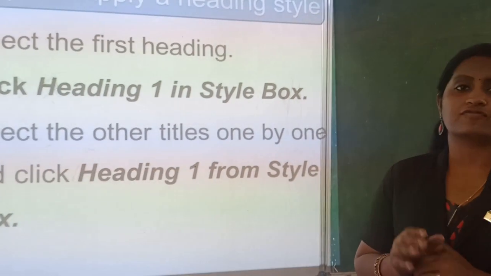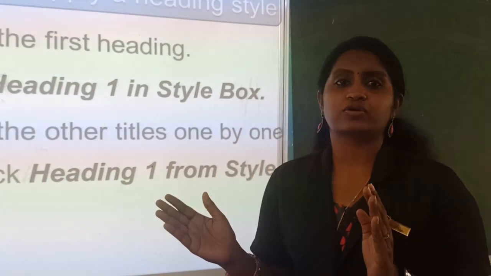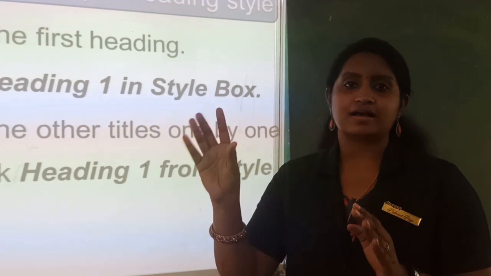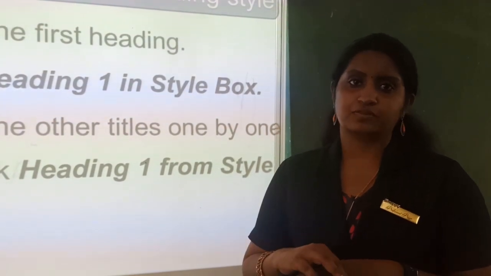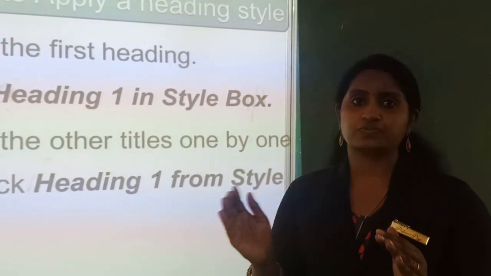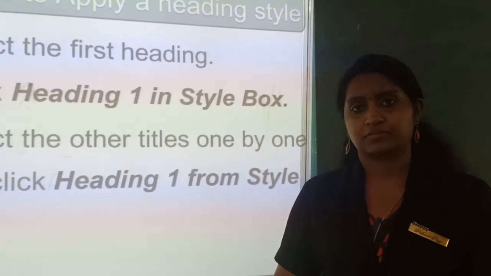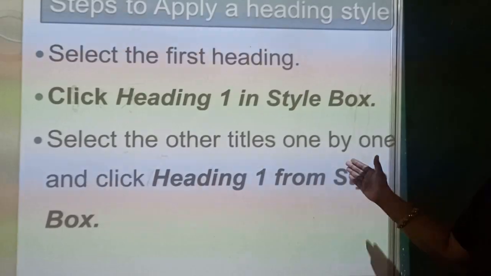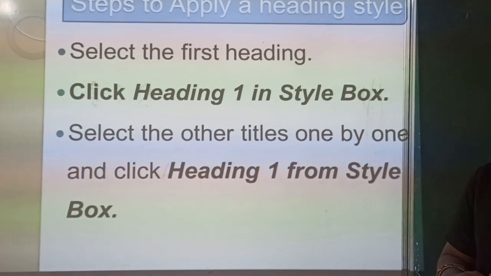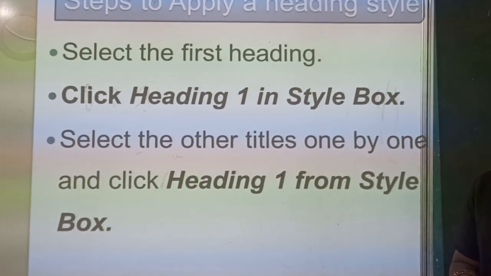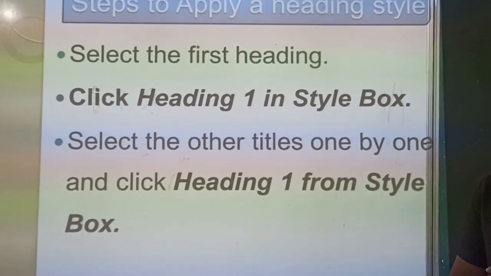After applying the first heading, you can use the clone formatting tool and click on the other subheadings while pressing the Control key. It will copy the styles to those particular headings. Clear? So these are the steps to apply heading styles in a document. Clear, students?